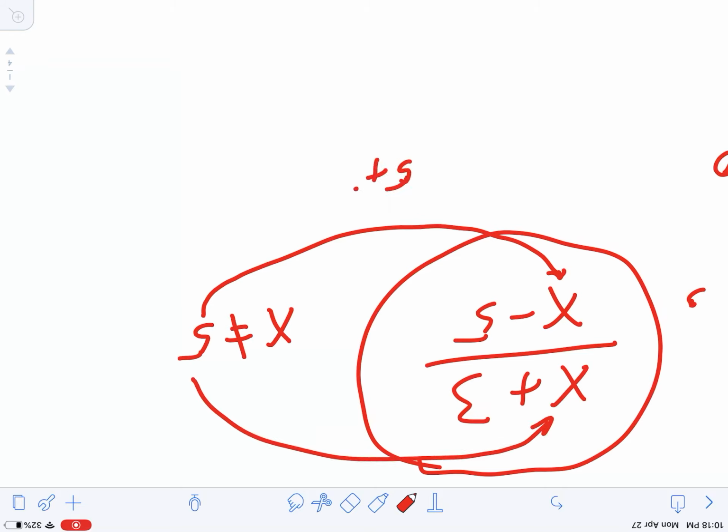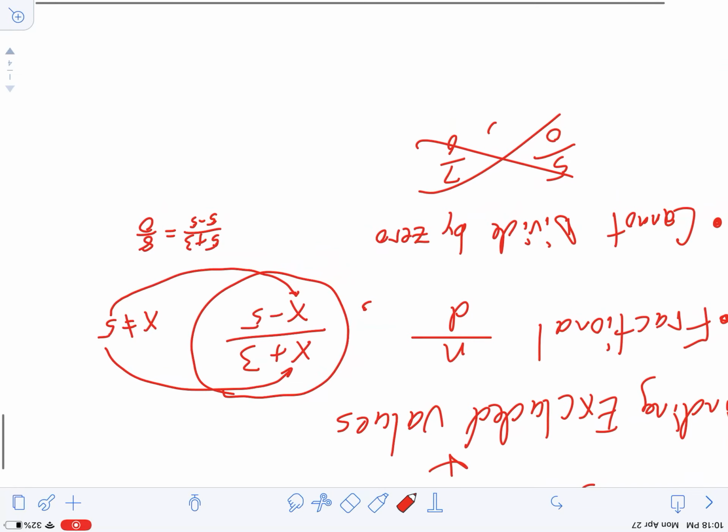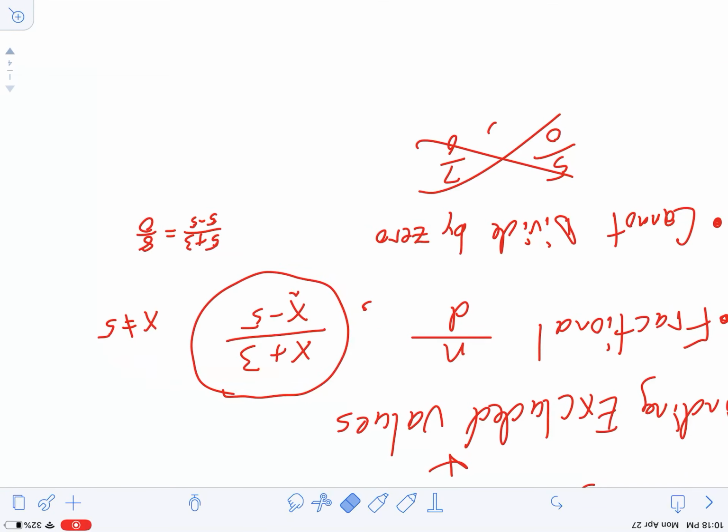You'd end up with 5 plus 3 over 5 minus 5, which is 8 over 0. And as I've just said, you cannot divide by 0. So when you've got an expression with a variable in it, there's a possibility that the variable could create a situation that gives you a 0 denominator, and that's not allowed to happen. So we call those restricted variables.